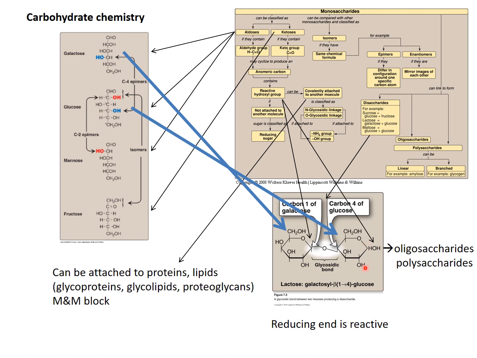Another important thing to remember is that we have polysaccharides like glycogen stored away in our cells, but these reactive monosaccharides also will decorate lipids and proteins. So you will learn in the musculoskeletal block how glycoproteins and proteoglycans are produced.